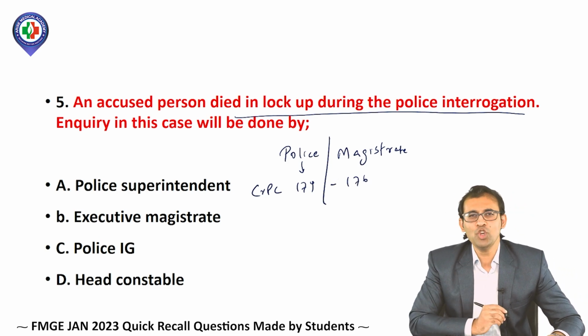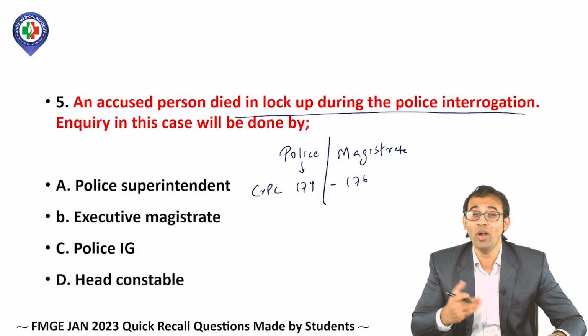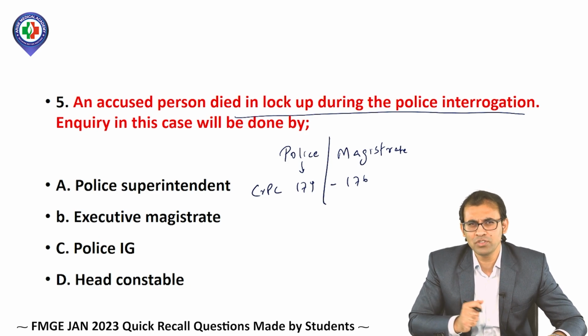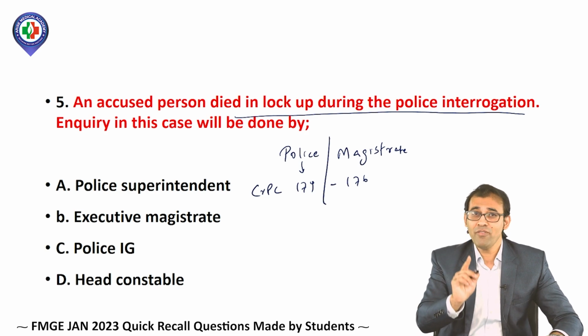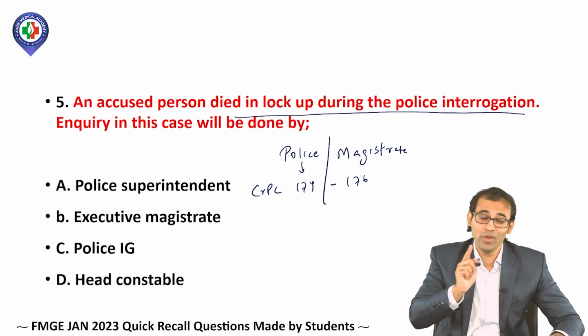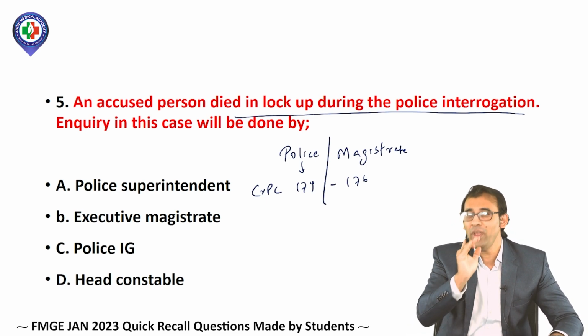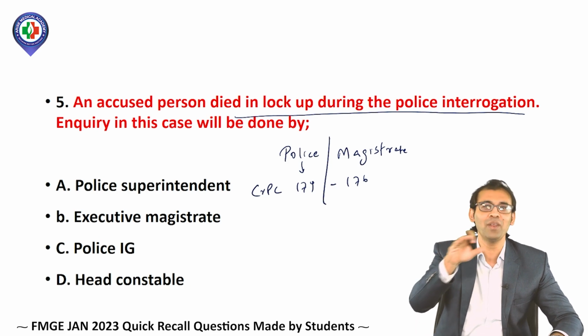Police inquest should be done in a case of murder, suicide, homicide, or death by machines, animals, or any kind of unnatural death. But what if death has happened under police custody or during police interrogation? At this time, inquiry should be done by a higher authority.